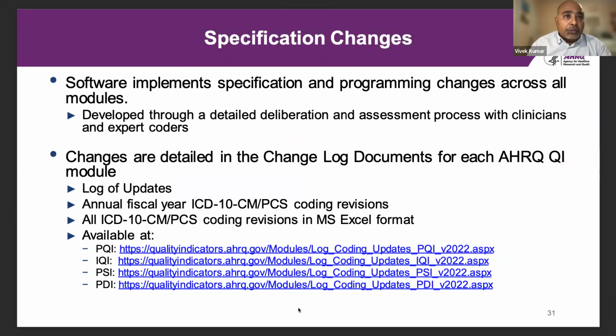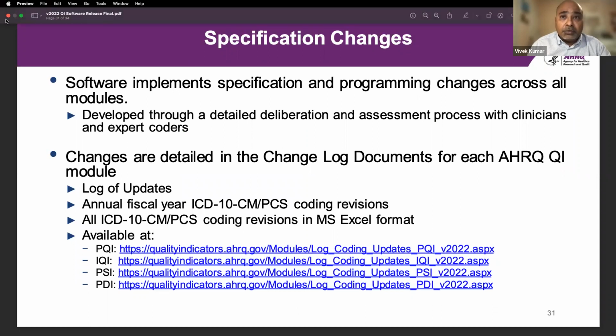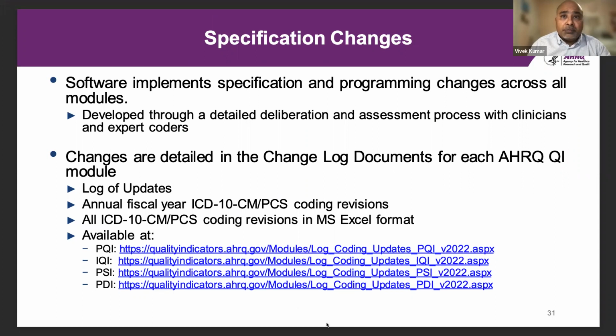So as I mentioned, in version 2022, specifications and programming changes are made across all modules. These changes go through many iterations of detailed assessment process with clinicians and expert coders before incorporating into our QIs. The changes are updated in the changelog documents and are available on the website.